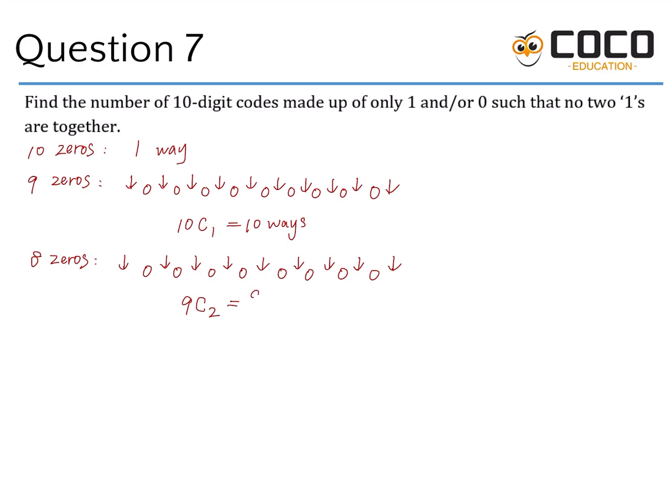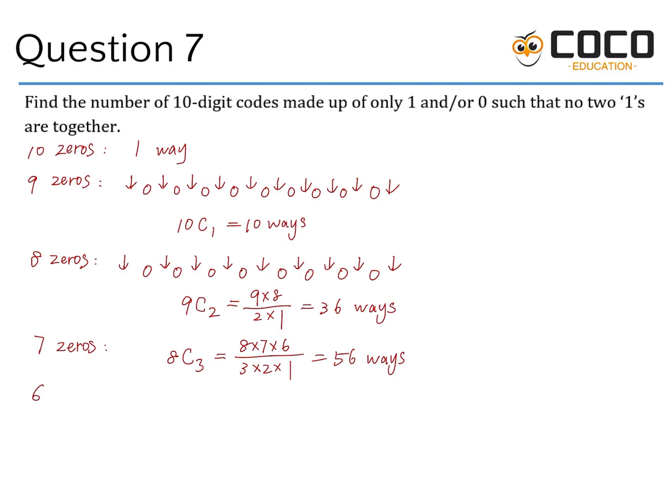So this is 9C2, 9 times 8 over 2 times 1, 36 ways. Right, so when it's 7 zeros, I will not draw it again. Now we have 8 positions. We need to select 3 of them. So 8C3 is 8 times 7 times 6 over 3 times 2 times 1, 56 ways.